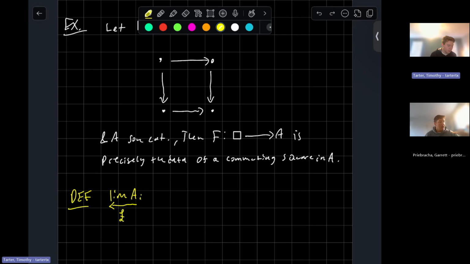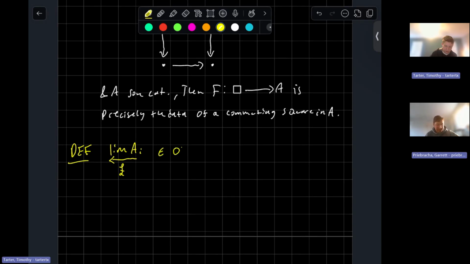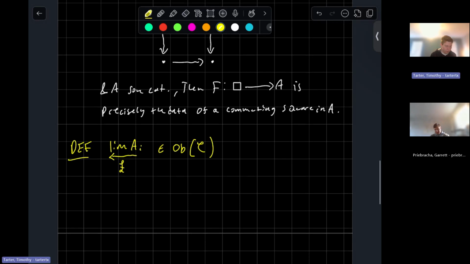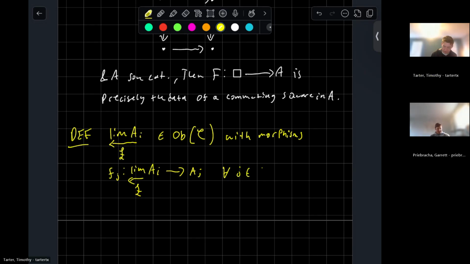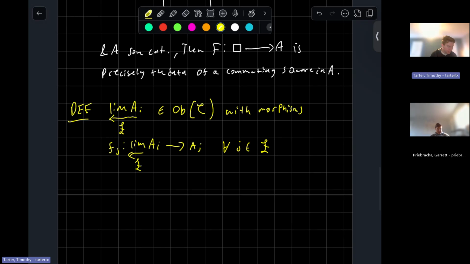Yeah, so the limit of the diagram is an object of C, completely breaking the example above, with morphisms F_j from lim A_i over F to A_j. So that is defined from the limit to the j thing for each j in F, meaning that the limit is the final object.